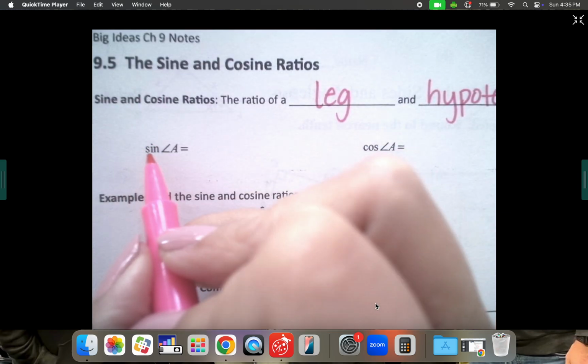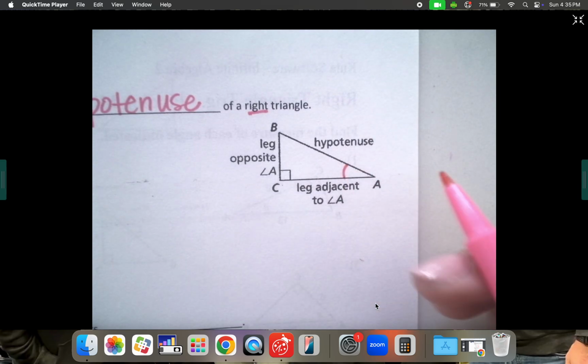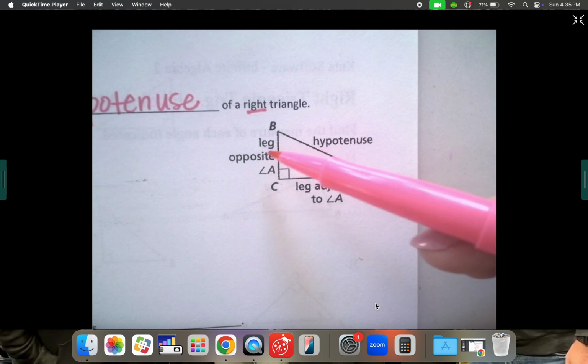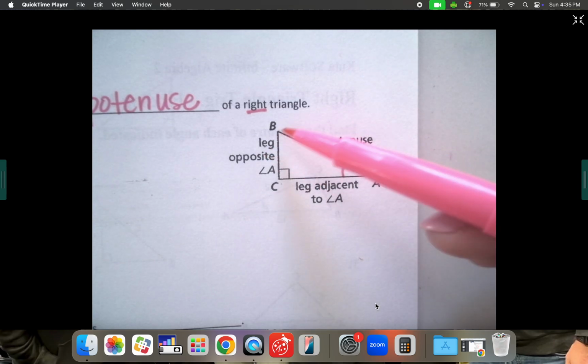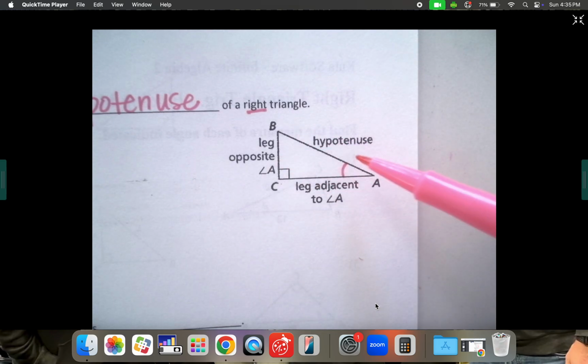So the sine ratio of, let's say, angle A. So we're looking from angle A. So from angle A, the sine ratio is the opposite leg over the hypotenuse. Remember, these are always legs and hypotenuses. So opposite leg over hypotenuse.